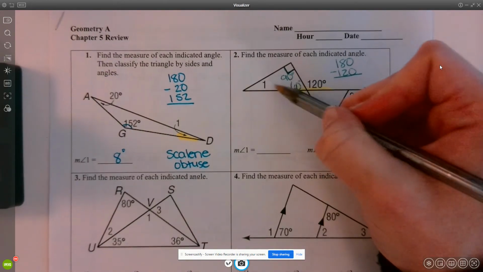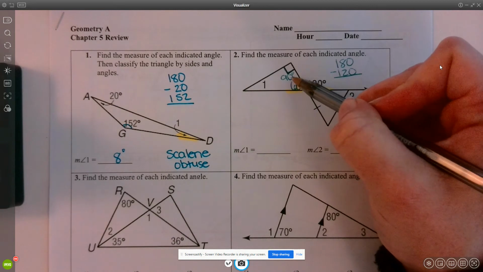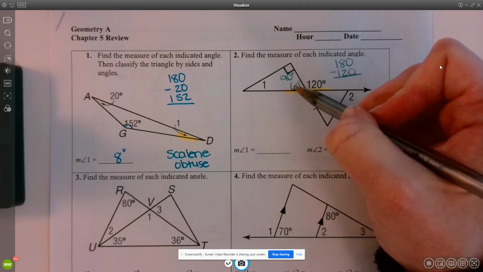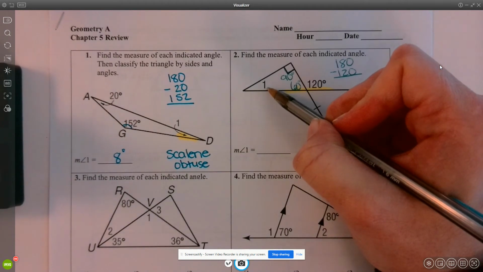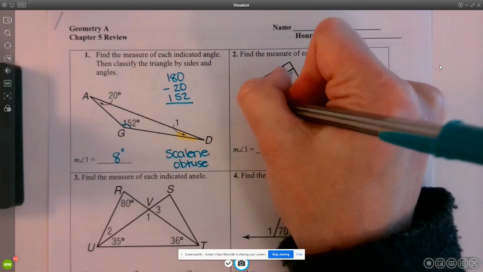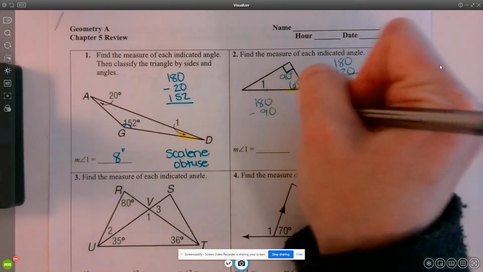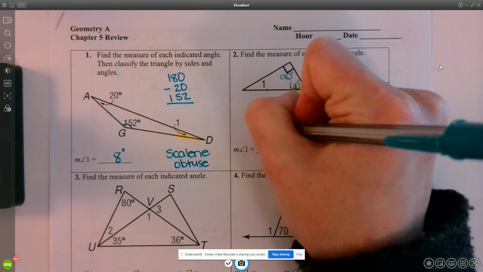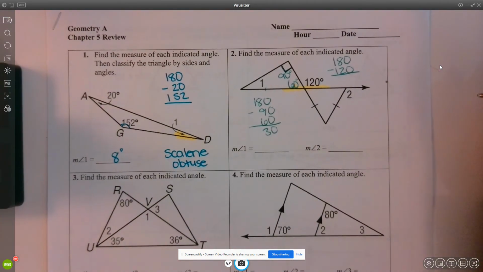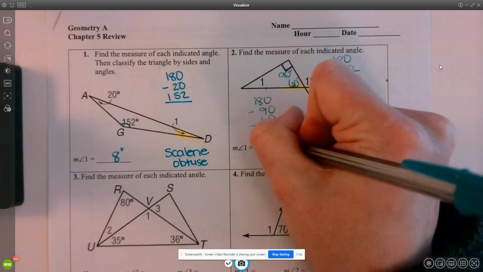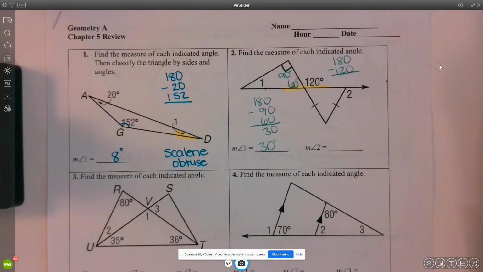So now going back to this triangle, these two interior angles, if I subtract them from 180, that will leave me with the measure of angle 1. That leaves me with 30 degrees. The measure of angle 1 is 30 degrees.